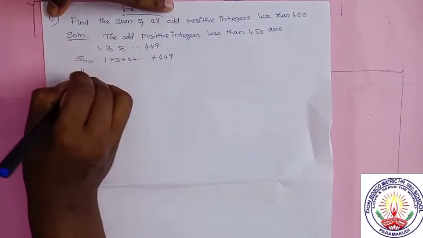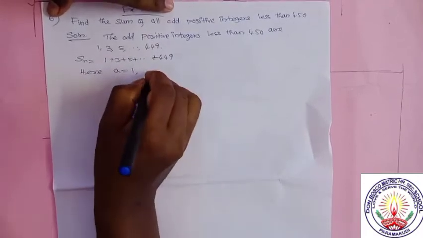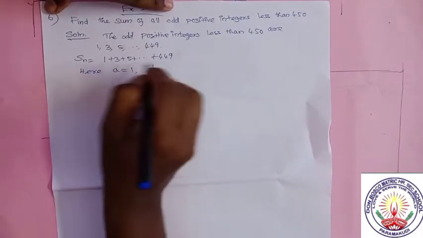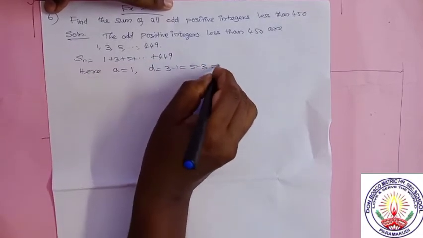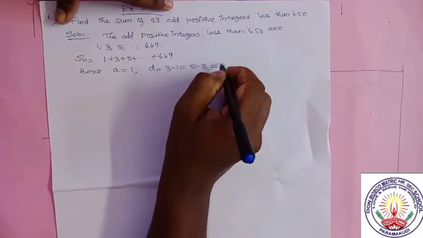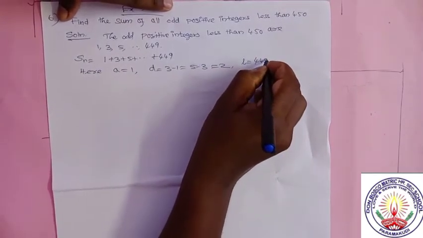So here, the first term A is equal to 1 and the common difference is 3 minus 1, or 5 minus 3, which is equal to 2, and the last term L is equal to 449.